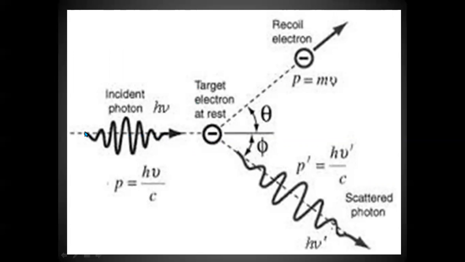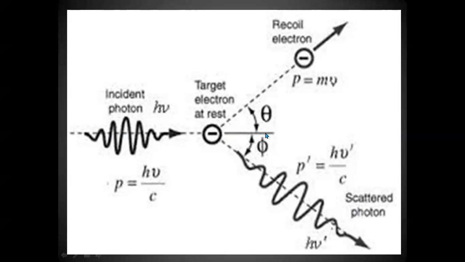and when the incident photon hits it, the photon will be traveling in this direction. It is scattered. This is the recoil electron, and the photon is scattered, meaning it has deviated from its path.